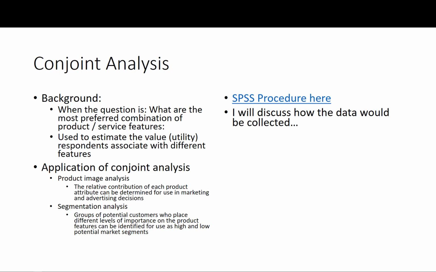It assumes that you know what the important attributes are, and we need to design the questionnaire instrument in order to collect the data in a particular format in order to allow conjoint analysis to be tested for. So it is very useful in terms of product image analysis and segmentation analysis.